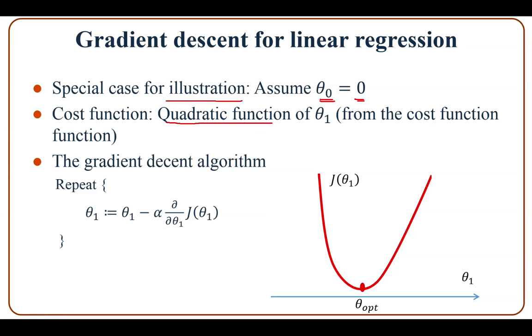And we need to adjust theta 1 such that theta 1 moves toward an optimal point, and it repeats again and again, and this loop repeats until the algorithm converges.